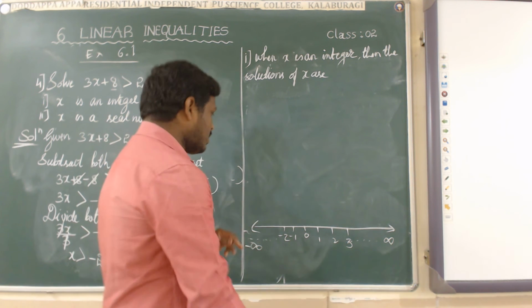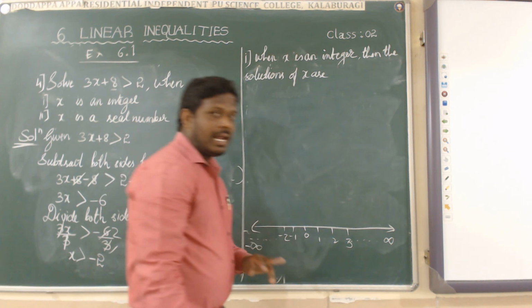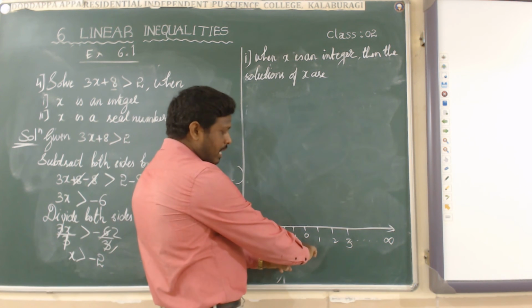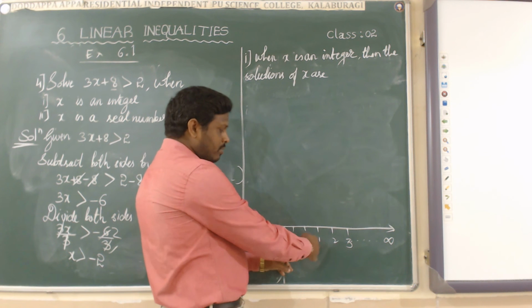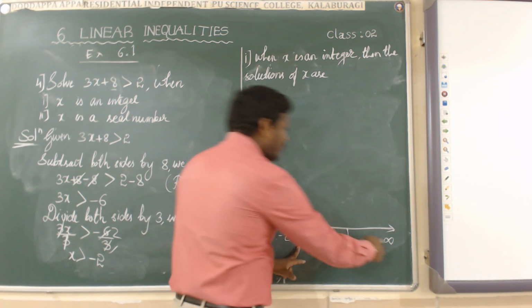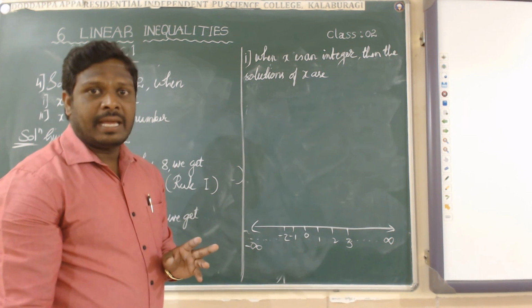That's why we have to go towards the right side of the number line. -1 is more than -2, 0 is more than -2, 1 is more than -2. We can take the x values up to infinity.